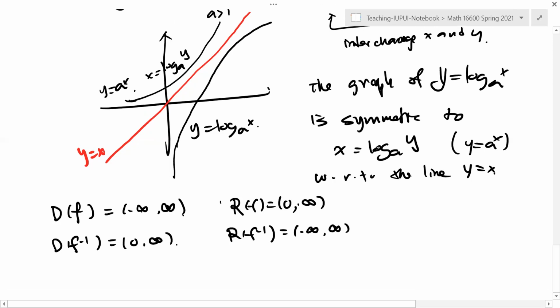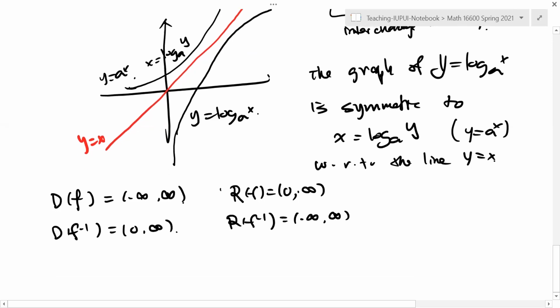So this is an exponential function and its inverse. And what is this number here? This number actually is 1. It's symmetric.